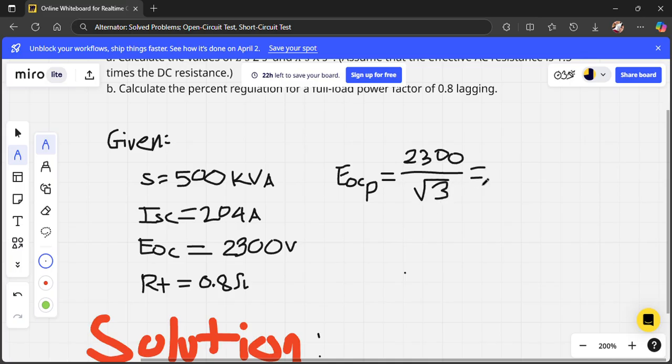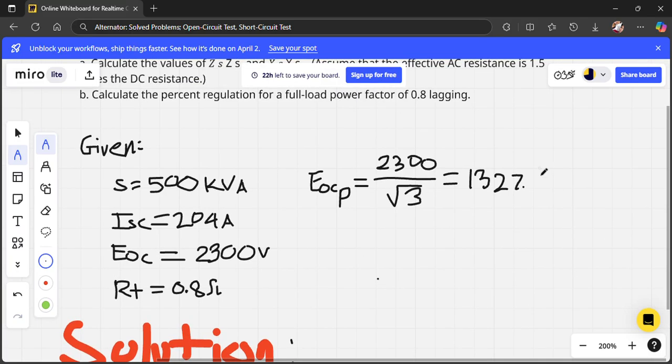Using the calculator, 2300 over square root of 3 is 1327.906 volts. Three decimal places only, guys. This is our phase voltage.